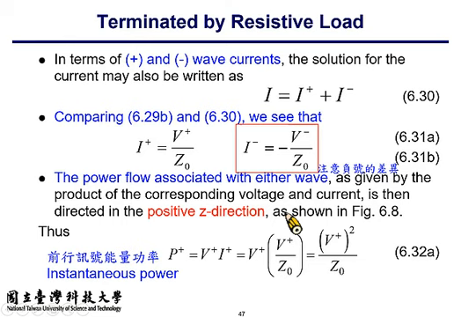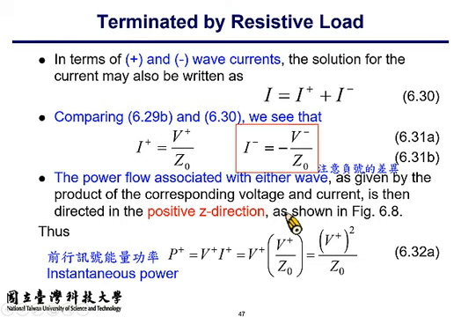So P plus, the forward-going electromagnetic power going in the positive Z direction, equals the product of V plus and I plus, which can be rewritten by replacing I plus with V plus over Z sub 0. So it equals V plus squared over Z sub 0, which is consistent with what we have learned in circuit theory. All right?